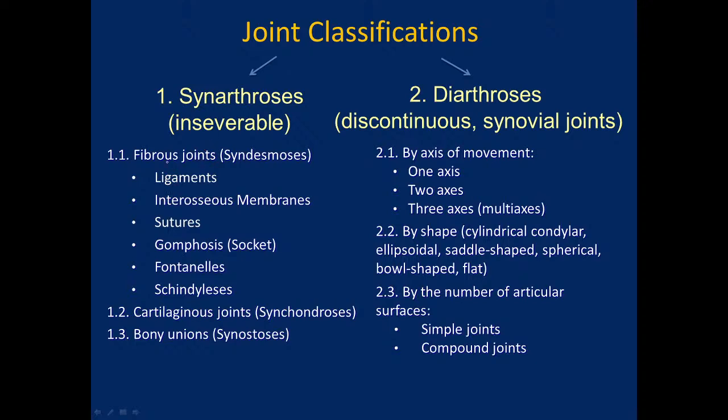Regarding synarthrosis, we distinguish 3 groups. The first group we call fibrous joints. These joints are usually combined and consist of connective tissue.